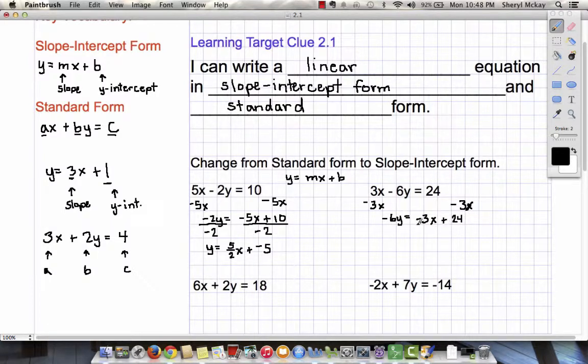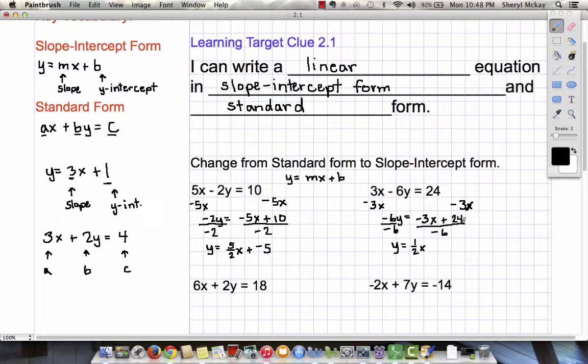Now, I'm not done yet because I need to get my y isolated, so I'm going to divide everything by negative 6, both sides. And my negative 6 divided by negative 6 becomes 1y, which just becomes y. And now I have a negative 3x divided by a negative 6. That becomes 3/6x, and actually I could reduce that to a positive 1/2 x.